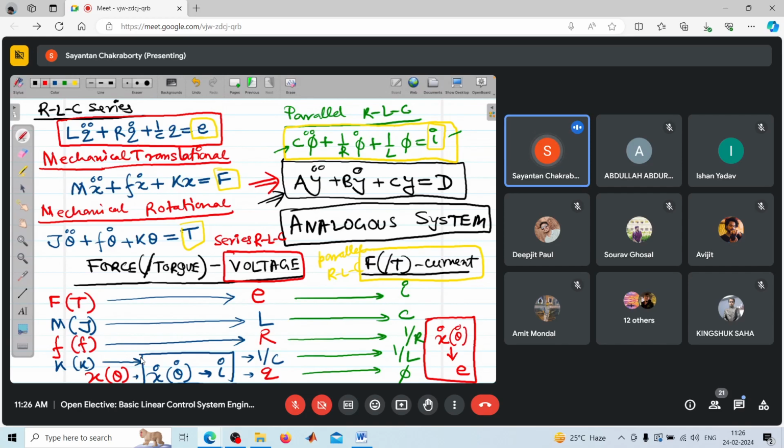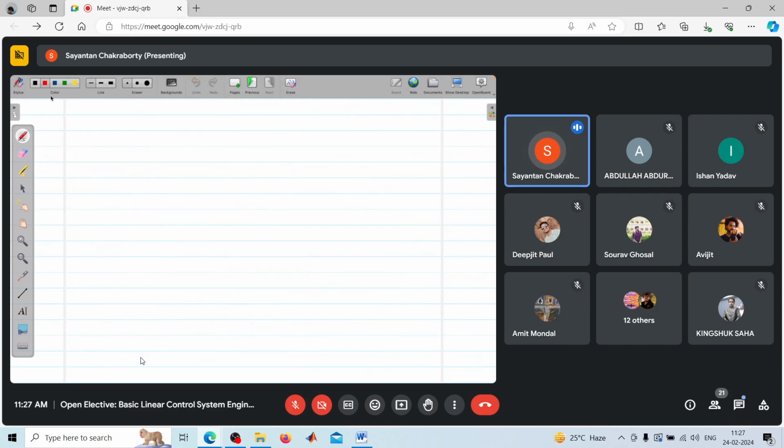Okay, so we'll recap this with an example. We have already seen a translational system like this, with mass m, spring constant k, and damper f.